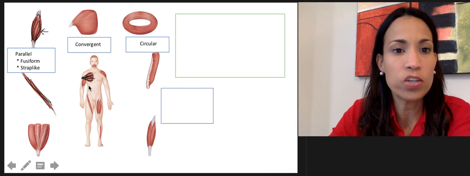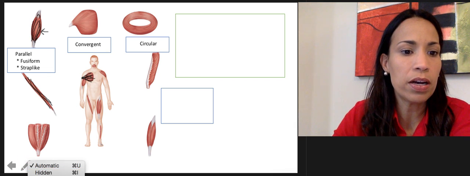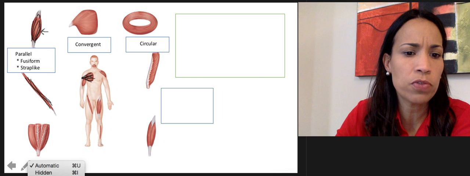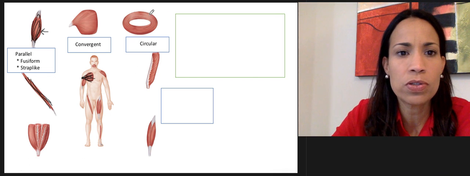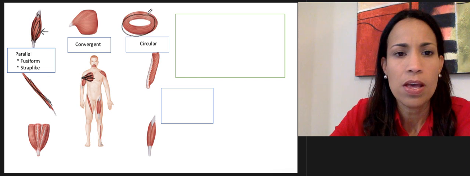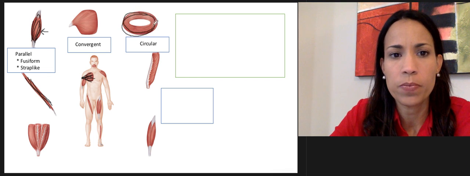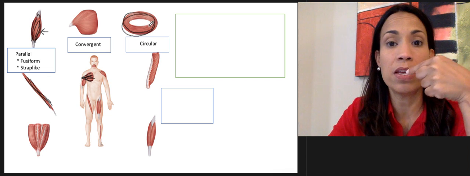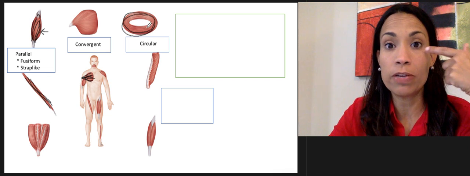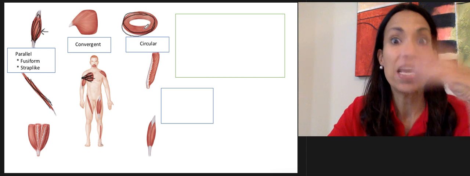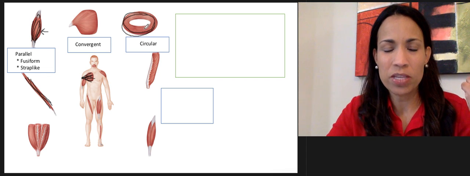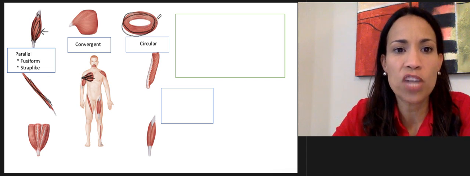Then we have the circular. These are muscle fibers that attach around an opening. It can be the eyes or your mouth, like orbicularis oculi, orbicularis oris, and the sphincters that we described in the previous chapter.